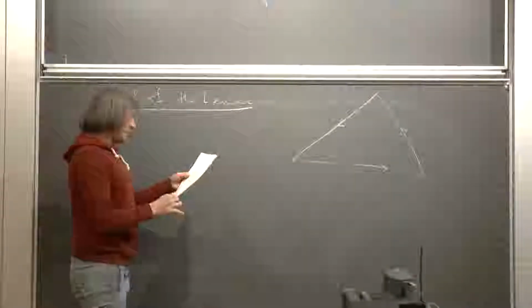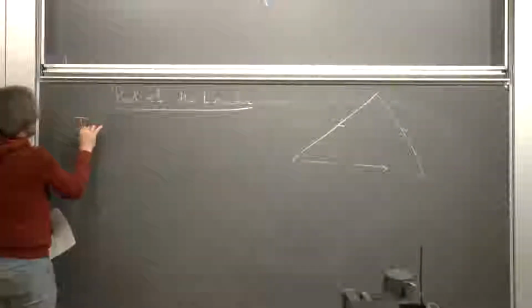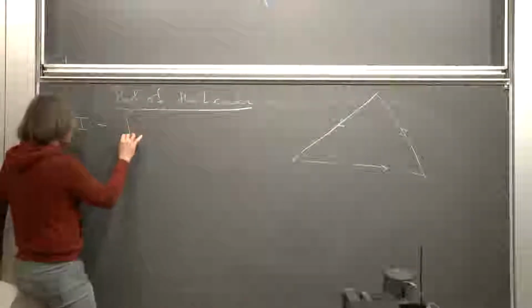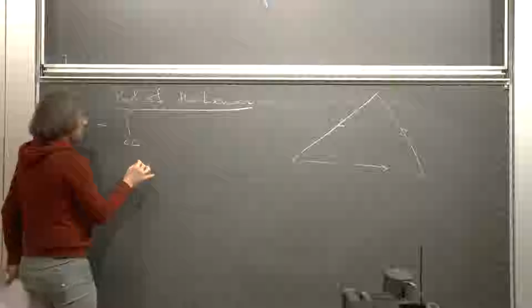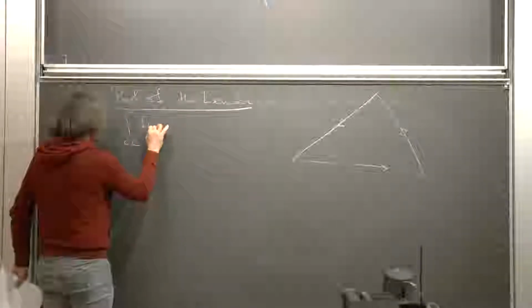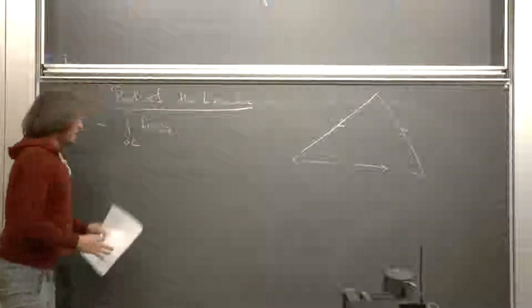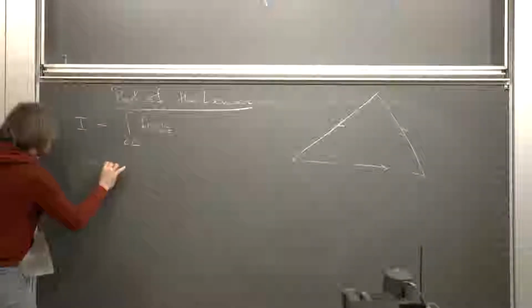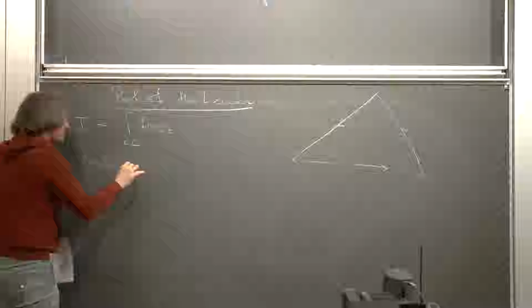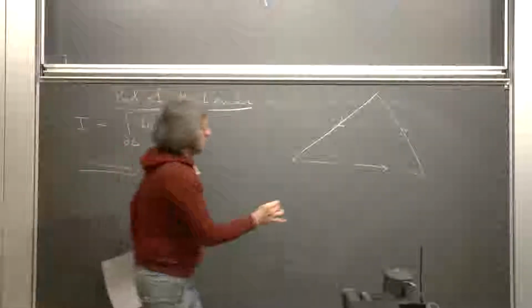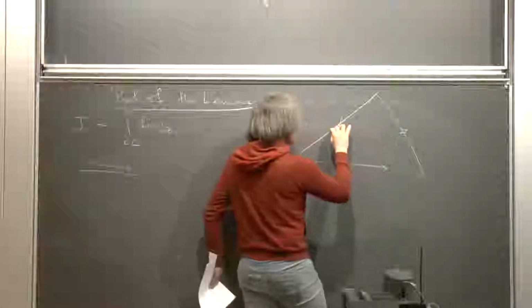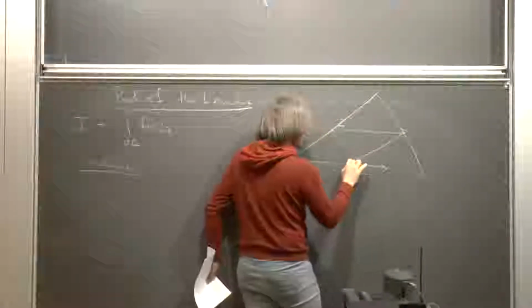So let's denote by I the complex number, which is the integral of f over the boundary of delta. Now subdivide: let's just take the centers of these intervals, connect them. We'll get 4 triangles.